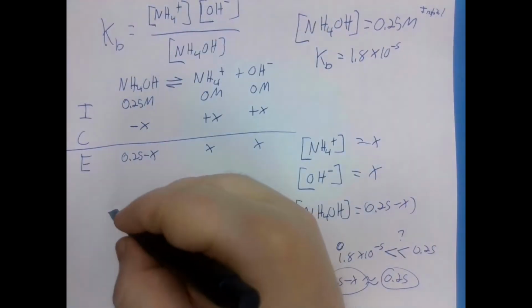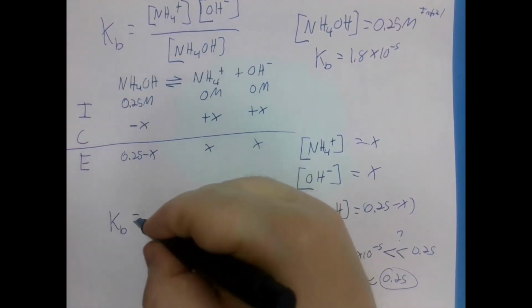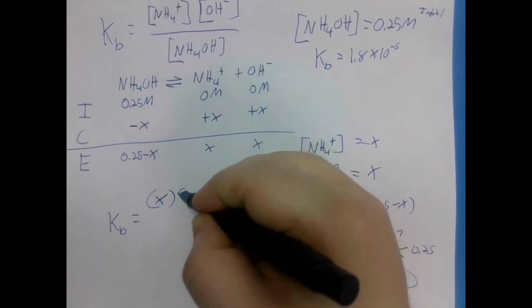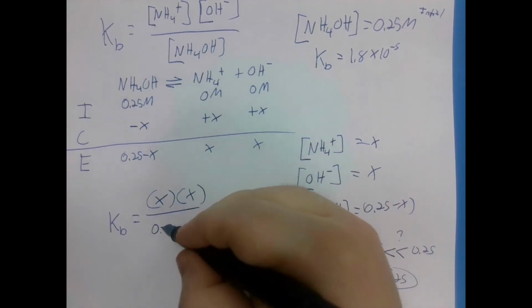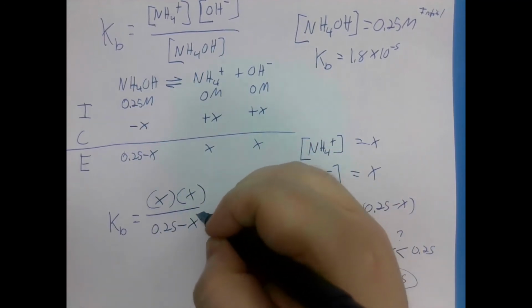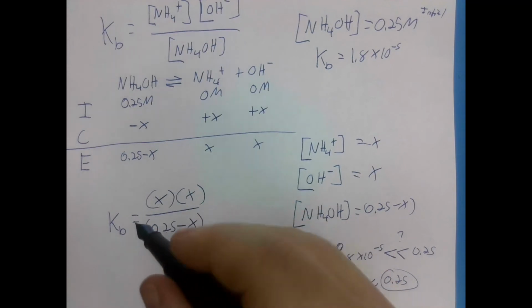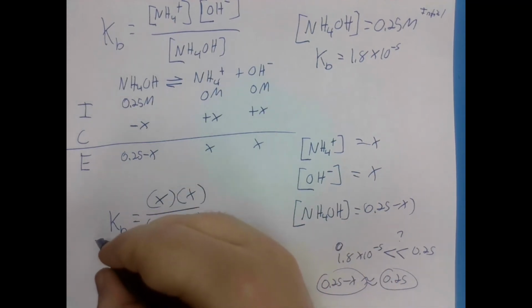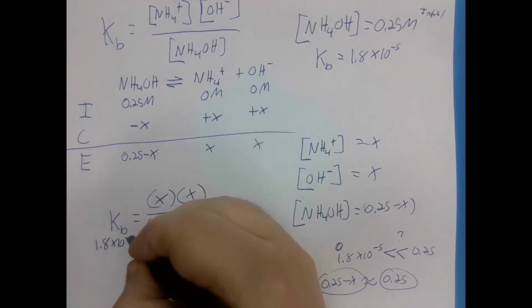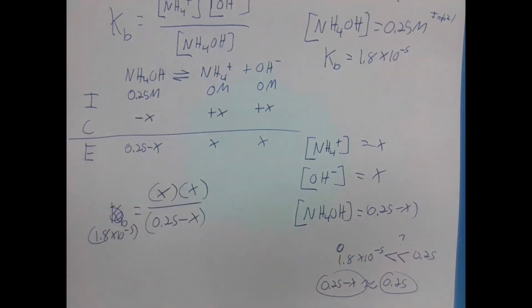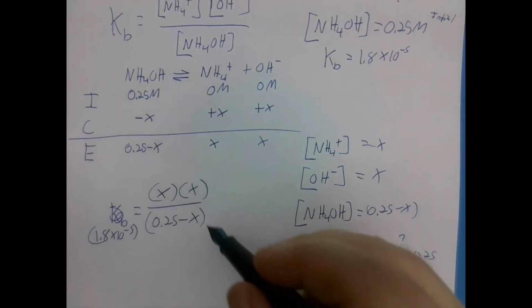So plugging it into our equation, Kb is equal to X times X over 0.25 minus X, and Kb is 1.8 times 10 to the negative 5. You can solve this mathematically.